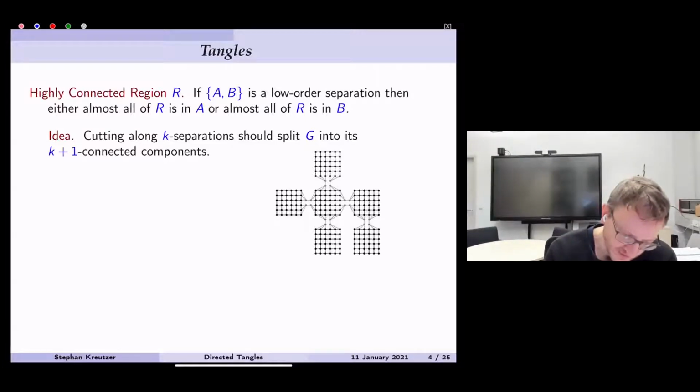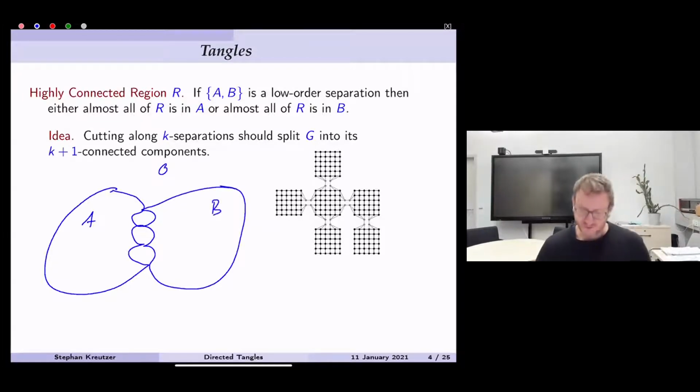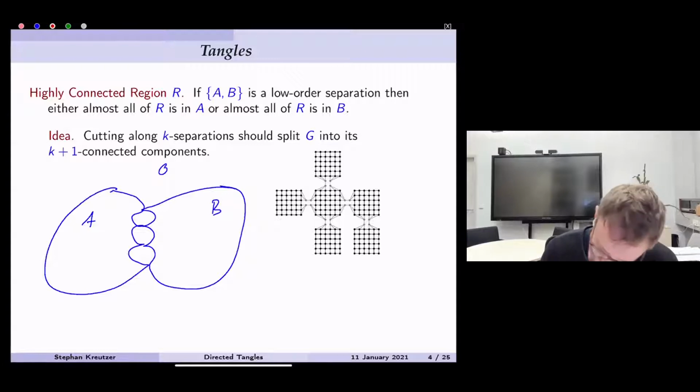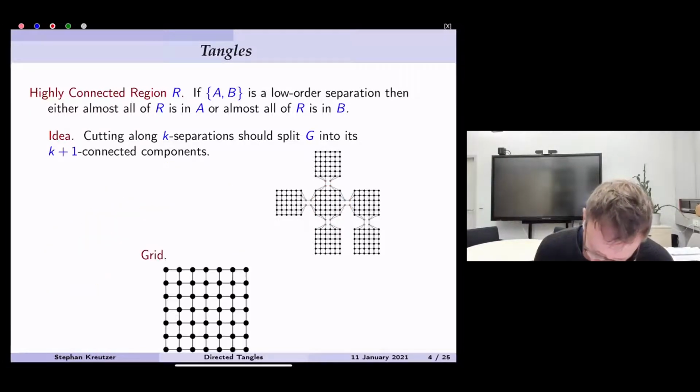So in general we have a graph that would sit like this, and you have a separation AB, a separation, of course, being just a pair of subgraphs that together are the entire graph. And then our highly connected region, let's say we want to find this one here, the bigger part of it would sit on one side or the other, but it can't just be evenly split along the two sides. That's basically the idea.